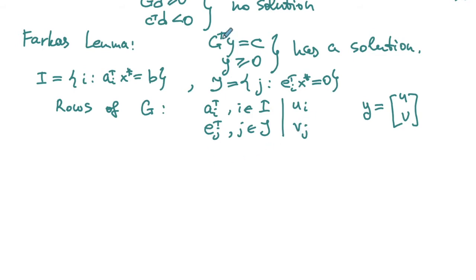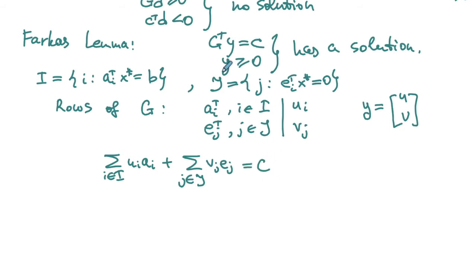And as a result, we can now write this part of the system as follows. It's going to be the summation for i in the set I capital of u_i a_i plus the summation for j in the set J capital of v_j e_j, and this is the left hand side of our system now, and this is supposed to be equal to c.